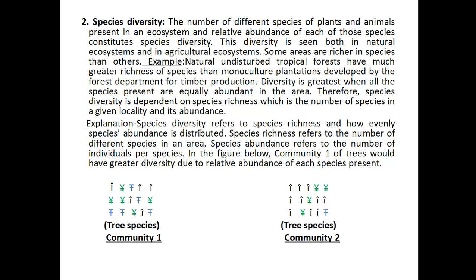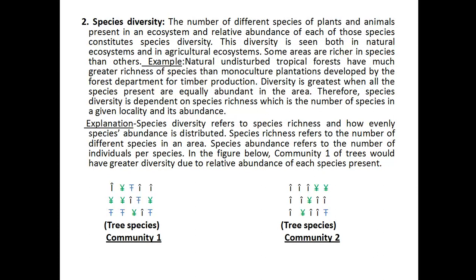Example, natural, undisturbed tropical forests have much greater richness of species than monoculture plantations developed by the Forest Department for timber production. Diversity is greatest when all the species present are equally abundant in the area.